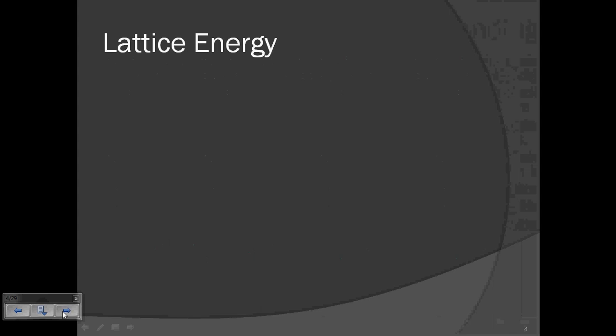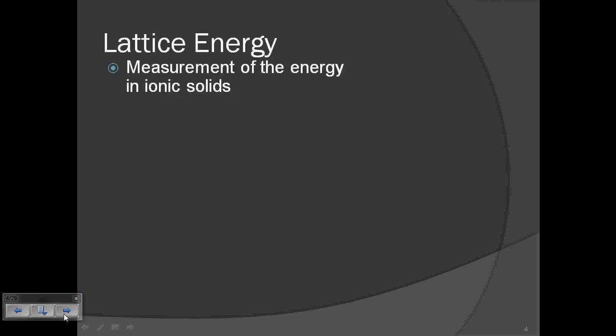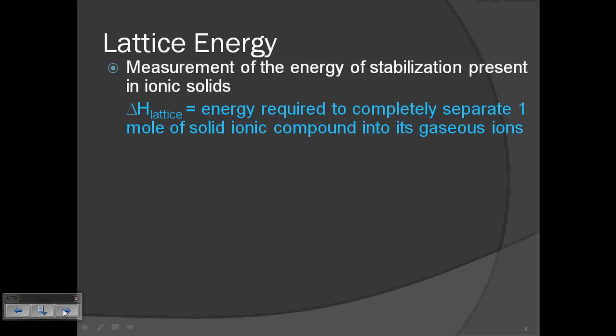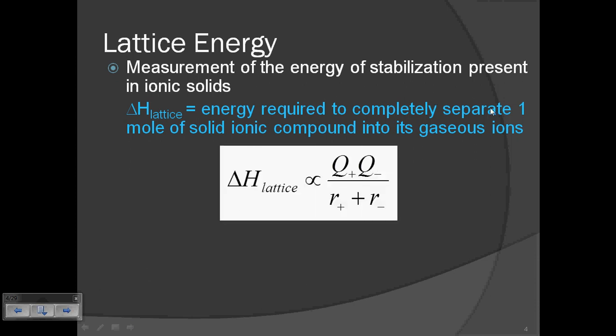How strong an ionic bond is, is determined by something called lattice energy. Lattice energy is the measurement of energy of stabilization, and the technical definition of lattice energy is the amount of energy required to completely separate 1 mole of a solid ionic compound into its gaseous ions.